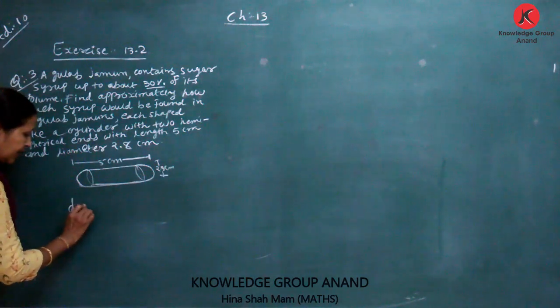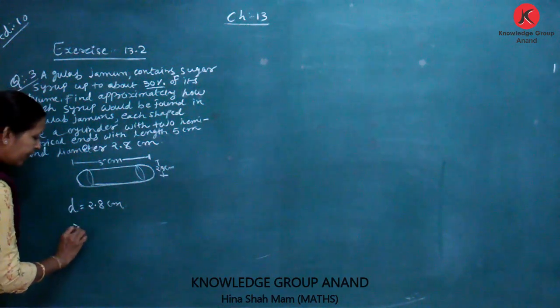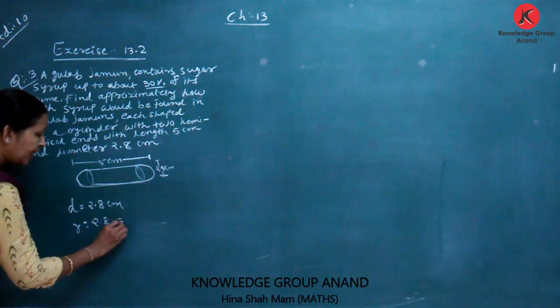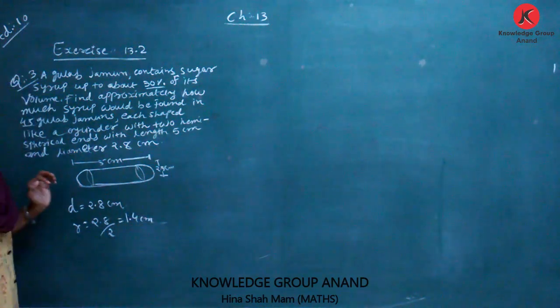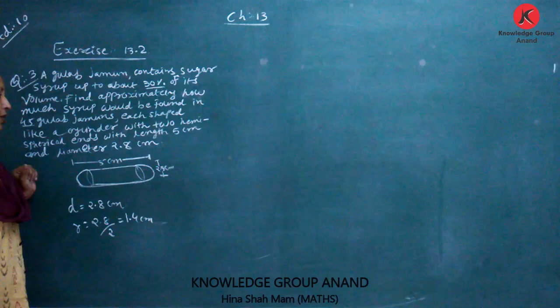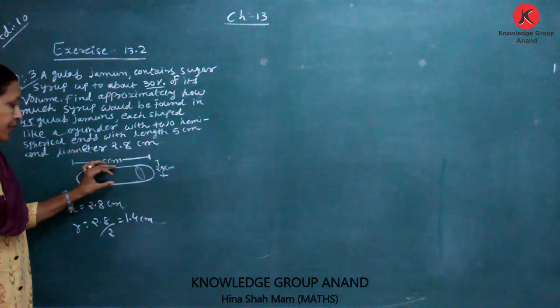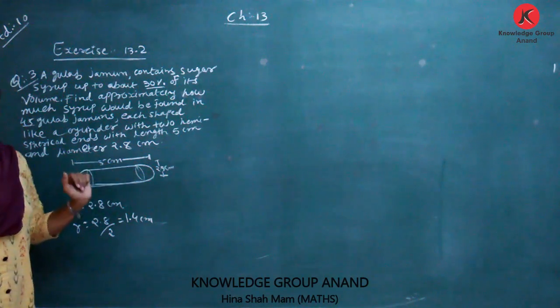Diameter is equal to 2.8 cm. Therefore, radius is equal to 2.8 by 2, equals 1.4 cm. We want the height of the cylinder.